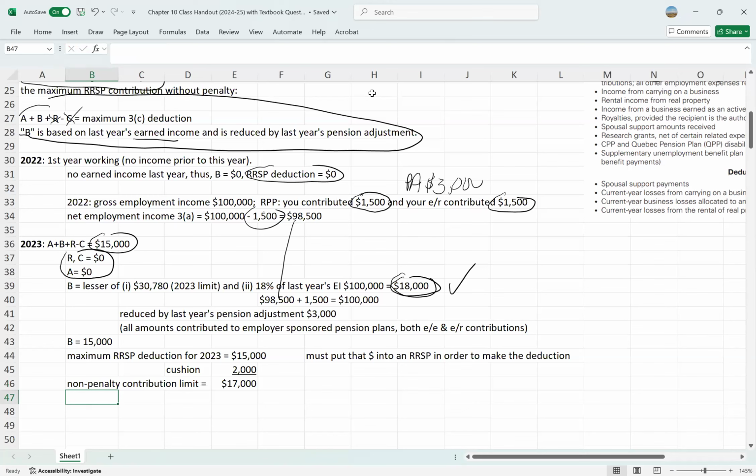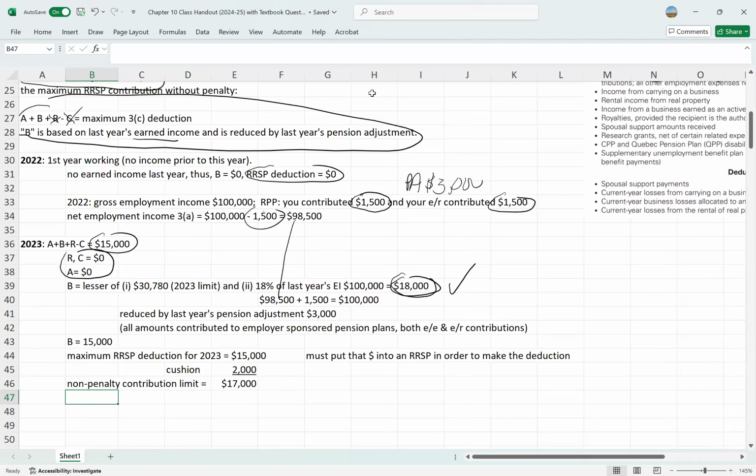Because remember, the money you put into an RRSP is going to grow tax-free until you take the money out. So there's a benefit of trying to put more in than you're allowed to. So you can put up to $2,000 more, but once you go over that $2,000 cushion, then you will be penalized 1% per month that you're over this non-penalty contribution limit.